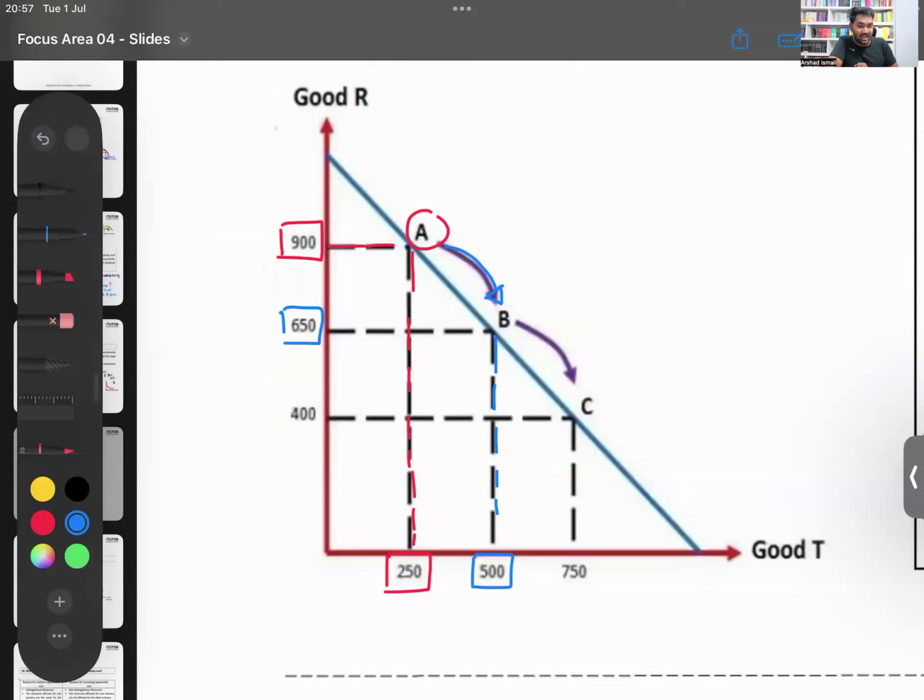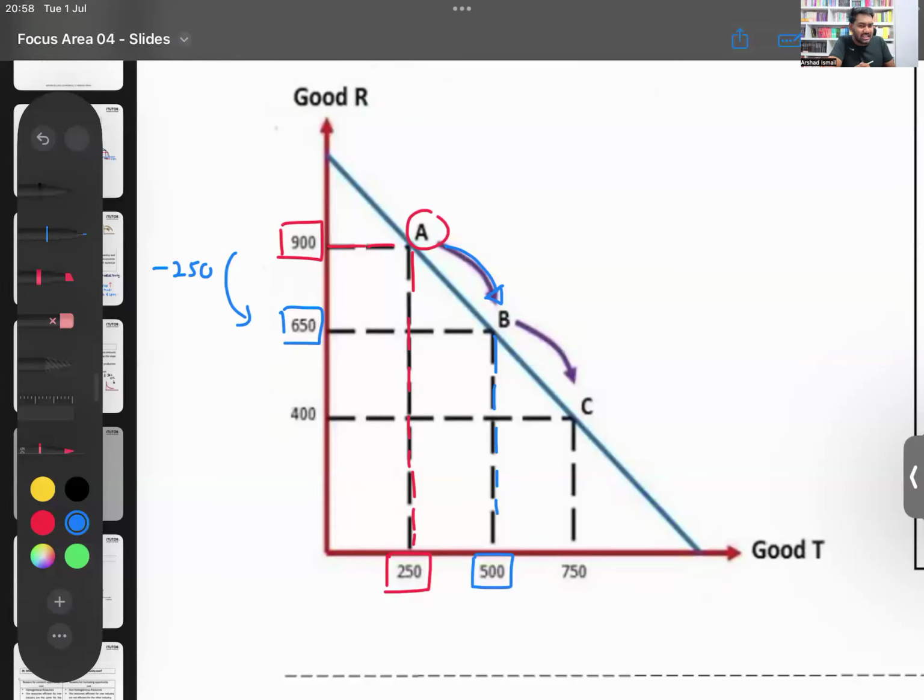What good is reducing? You're reducing R. How much of R? When you go from point A to B, you have to sacrifice 250 units of good R. And that is what we call your opportunity cost.